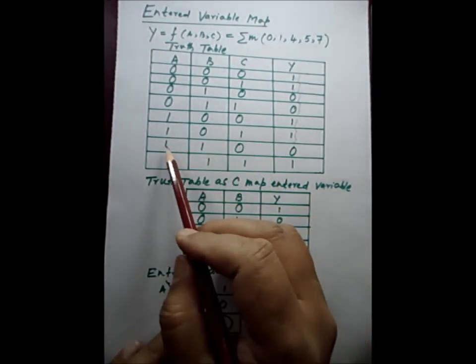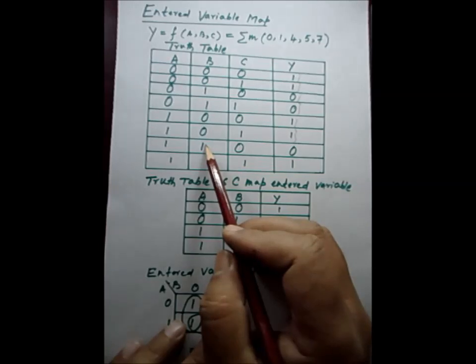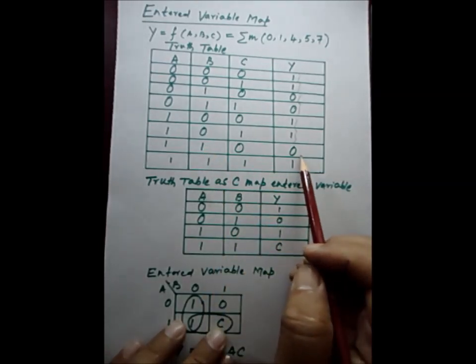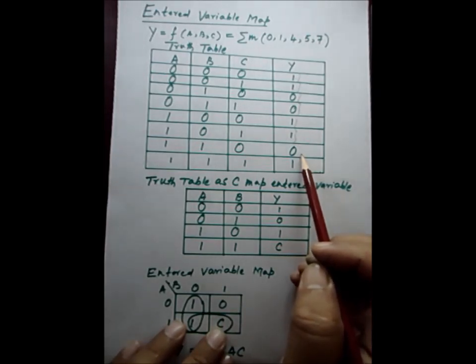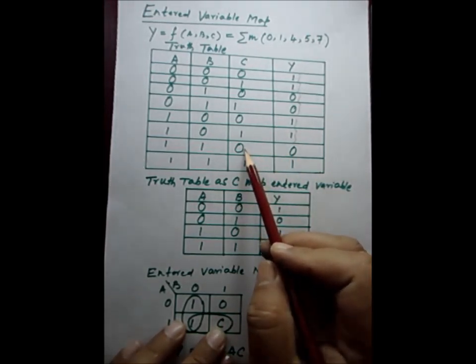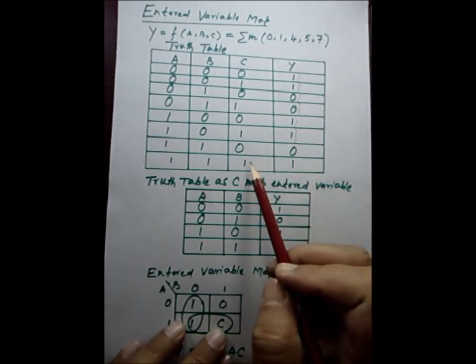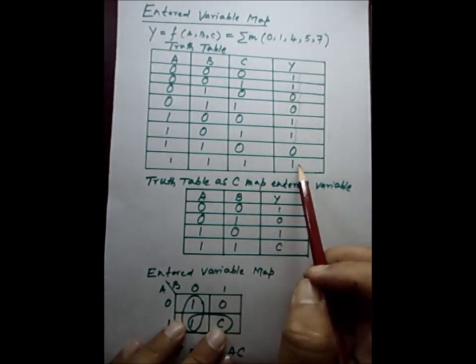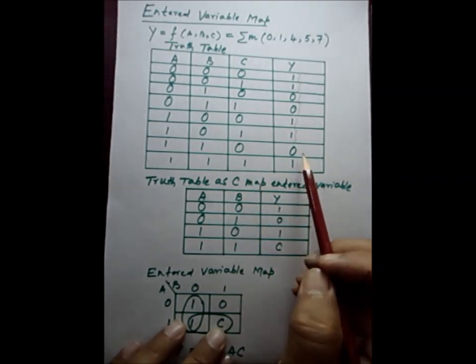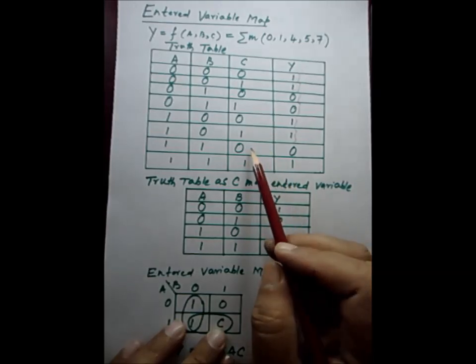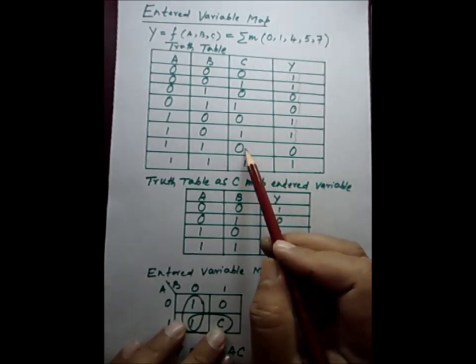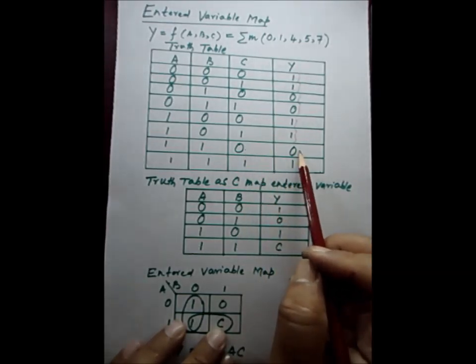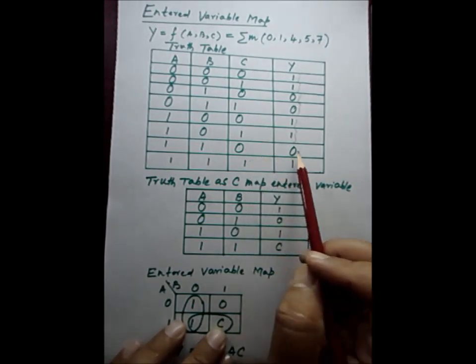And the last case, when A equal to 1, B equal to 1, you see it depends on C. When C equal to 0, the output is 0. When C equal to 1, the output is 1. Whatever value C takes, the output also takes the same value.